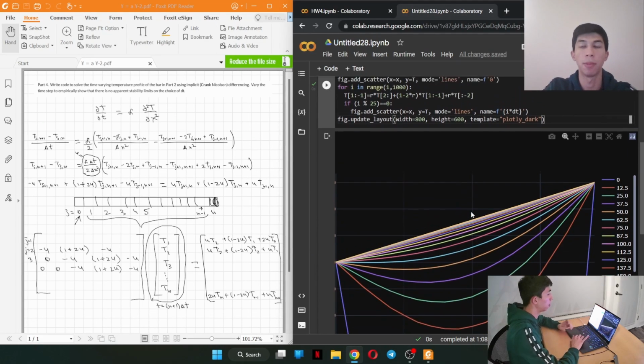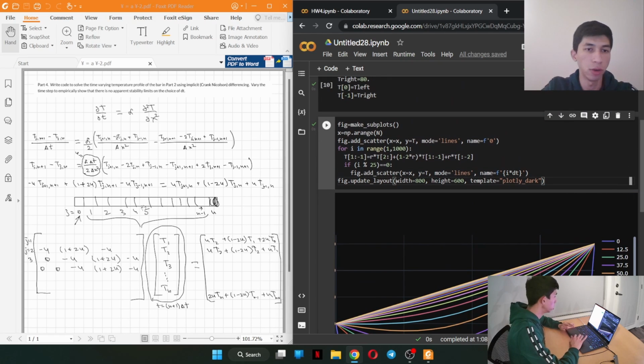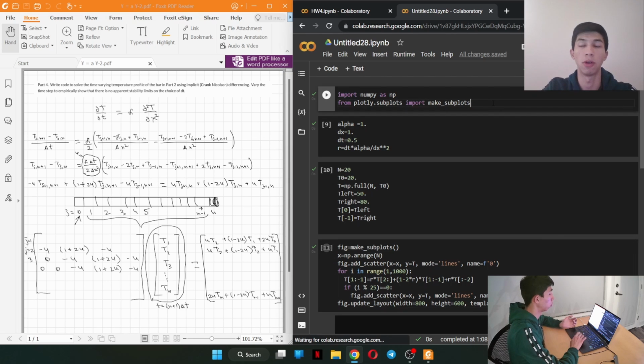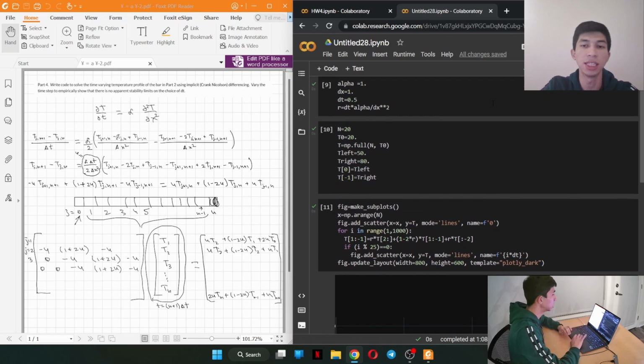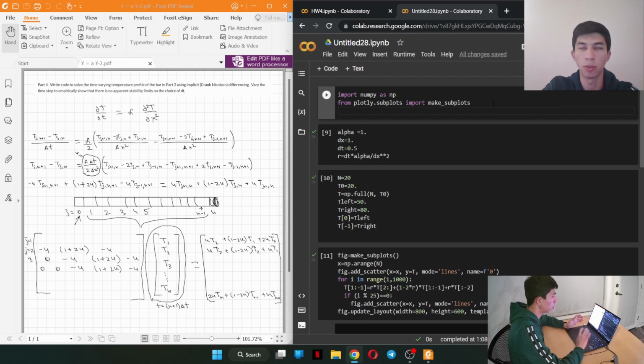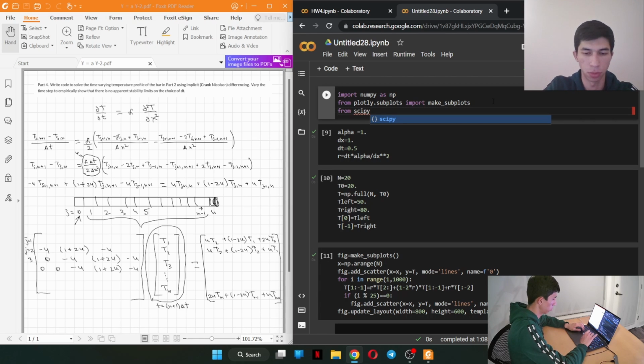Okay, now let's try to apply the equation we found, the matrices of the Crank-Nicolson method, to our Python. We're going to use the same file we used for part 2 to solve it with the explicit finite difference method, but this time we're working with matrices, right? In order to work with matrices, we need to import a function from SciPy linear algebra.